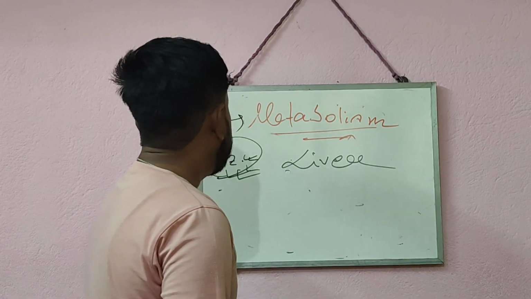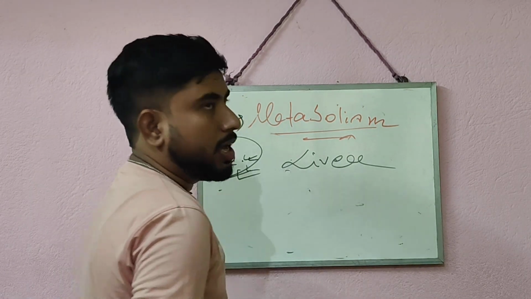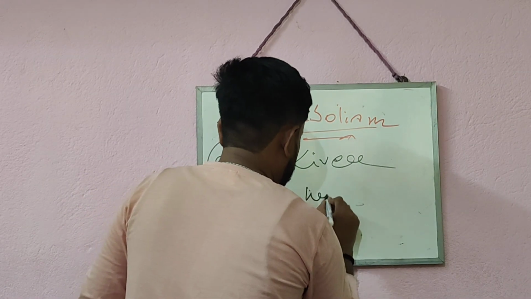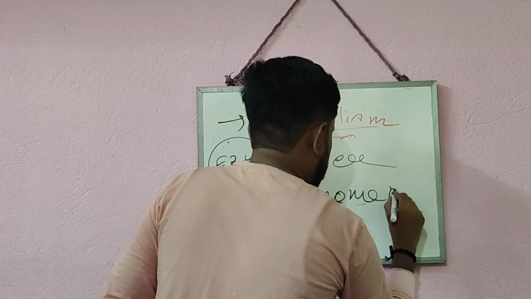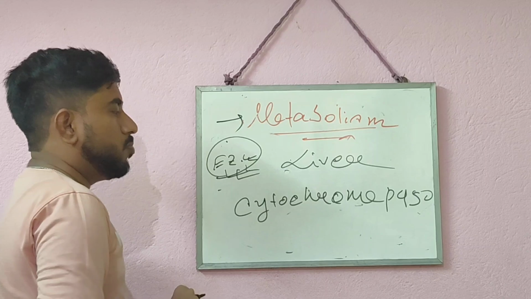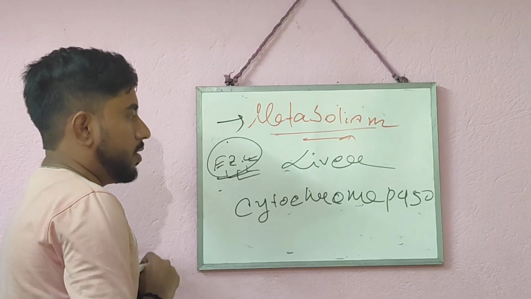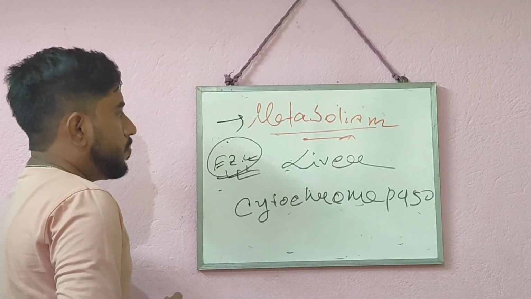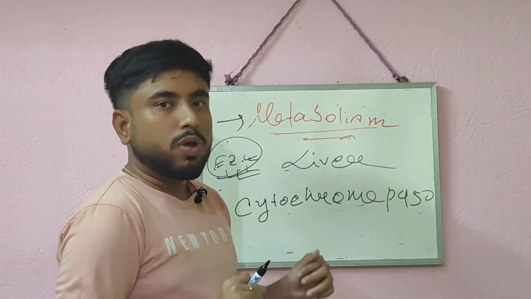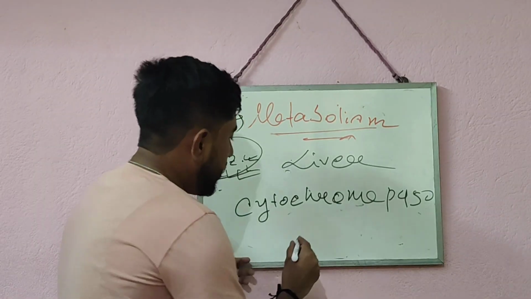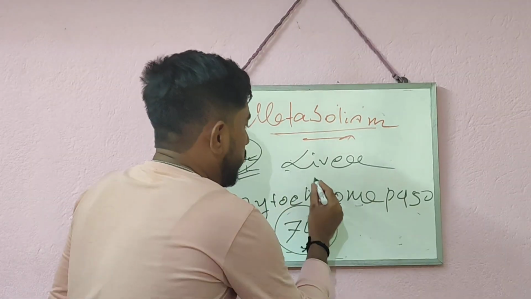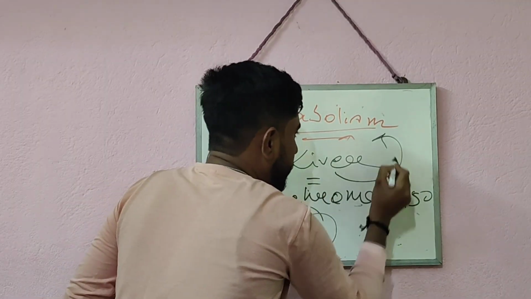So here in metabolism, the main enzyme which helps is cytochrome P450. That is the main enzyme present in the liver which is responsible for the metabolism, to speed up the metabolism process in the liver. That cytochrome is present in different parts of the liver, and according to the different locations in the liver, there are mainly 74 types of cytochrome P450 which help in the metabolism of different drugs.